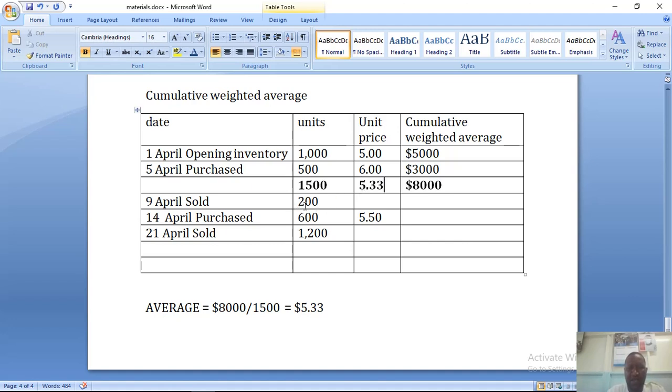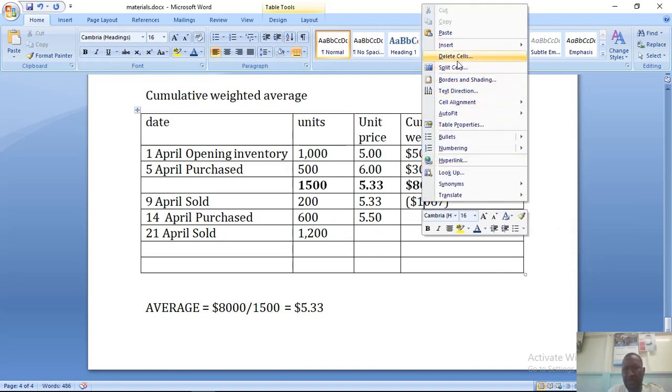So 200 units will be issued at the average cost of 5.33, and the cost of issue is going to be 200 multiplied by 5.33, which is $1,067. So what are we remaining with after that?